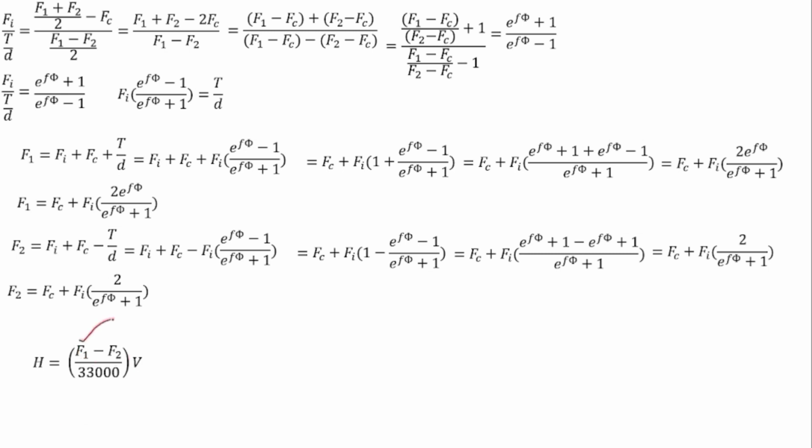But here I'm going to tell you that instead of this F1, you will have to put F1 times the width. It is because we have F in units of Newton per meter, so this meter will be cancelled out with this width. And we have put a pulley correction factor as well, because you can see that when the belt rotates over the pulley, there is a slip phenomenon as well.